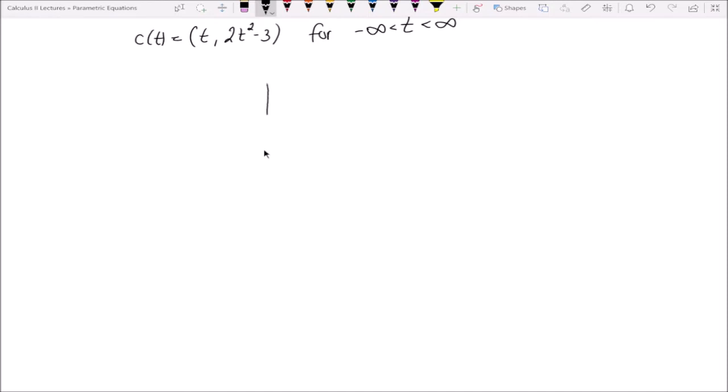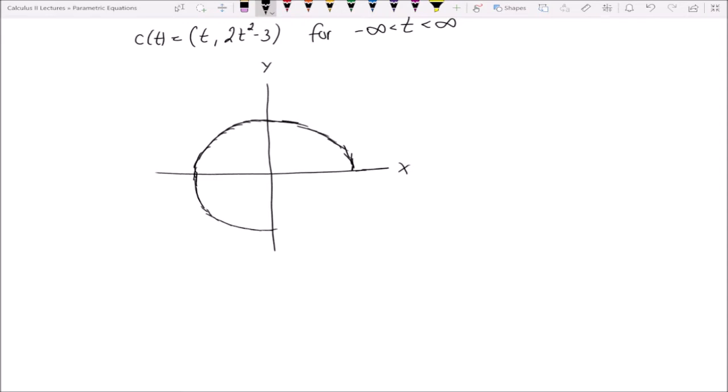Let's take a look at a very common type of curve. A circle.